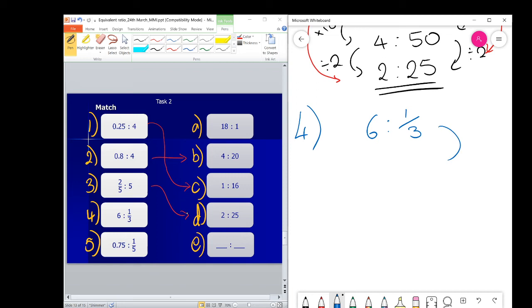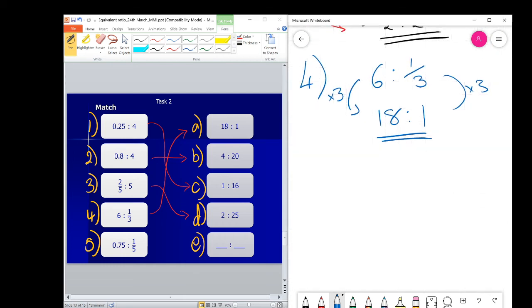So I can just times the left and the right hand sides by 3. So 1/3 times 3, 3/3 is 1. 6 times 3 is 18. So that one is that one up there. 18 to 1. Again, it's timesing by the denominator here.